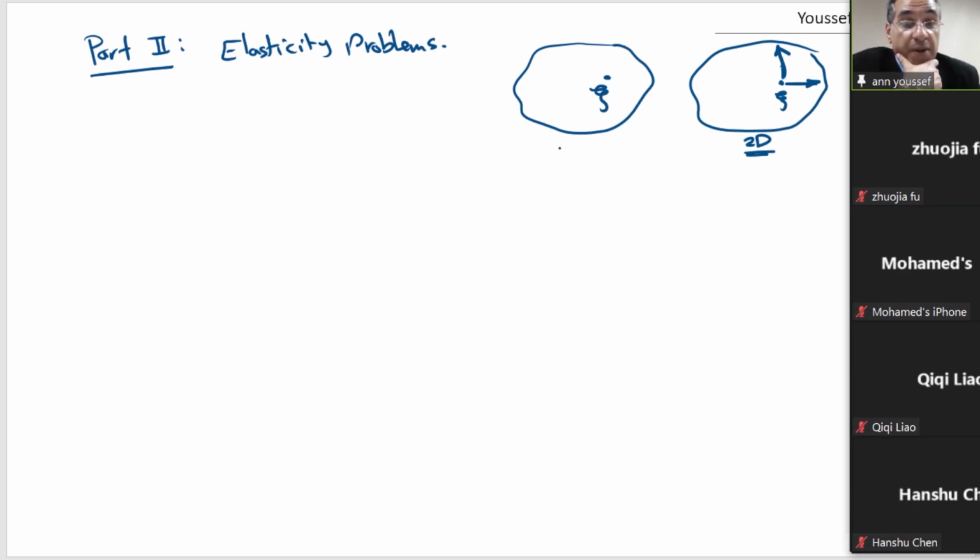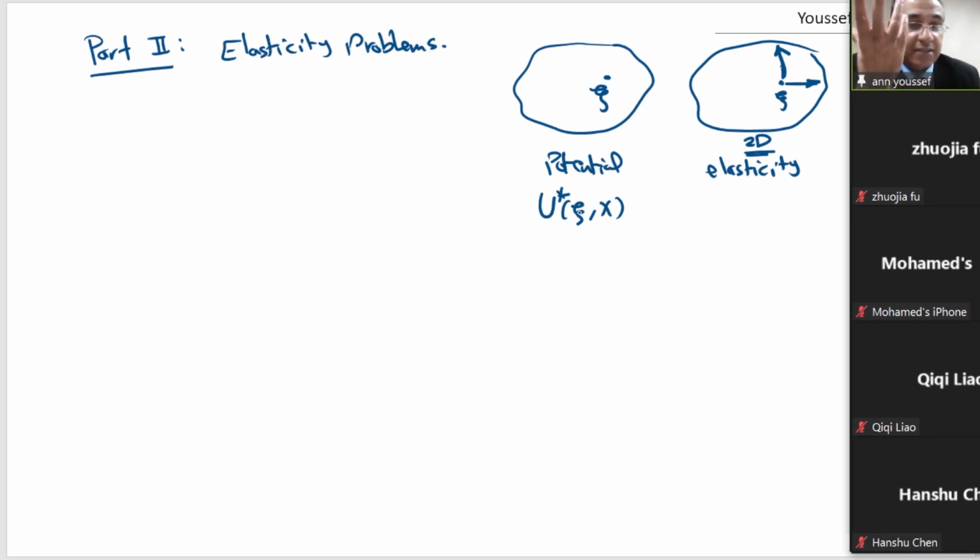For the potential problem, which is a scalar problem, we have u asterisk of xi and x as a single value, a number.